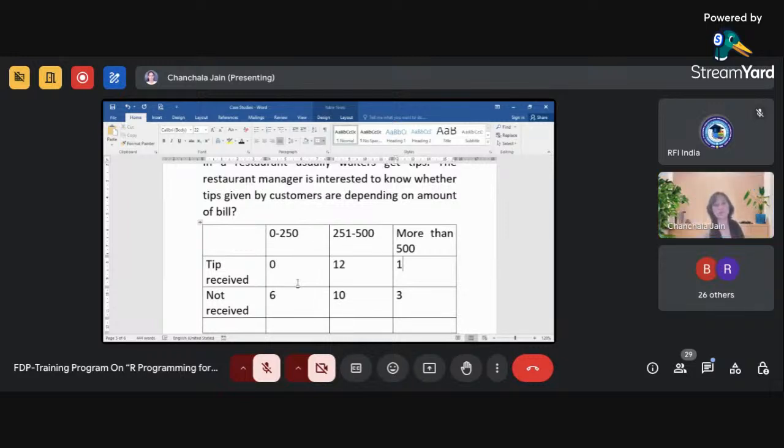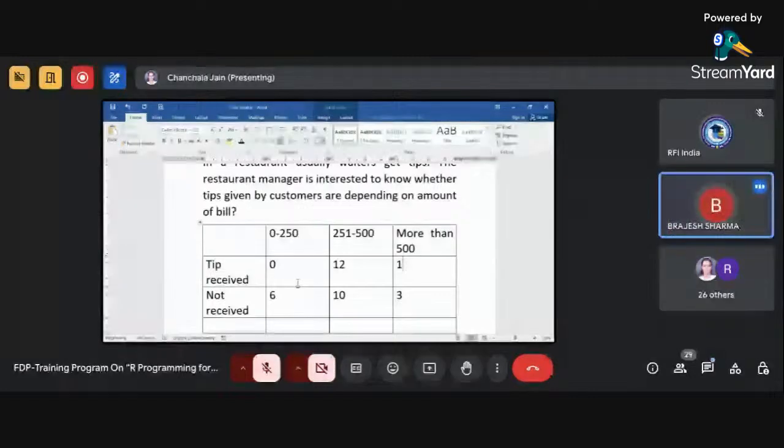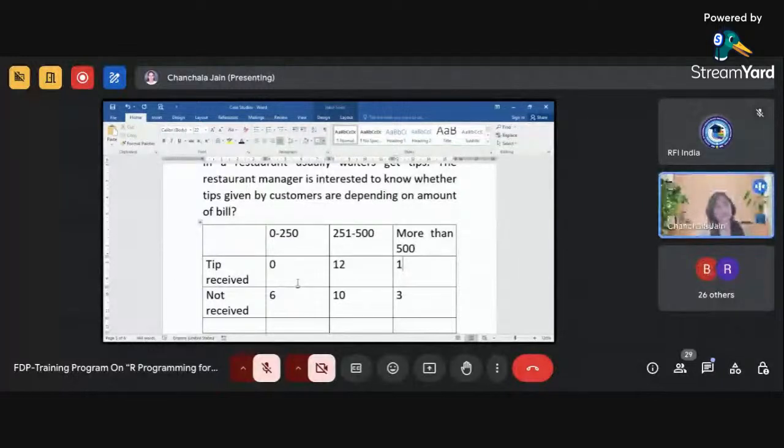Ma'am, I have some doubt: whether if the two variables are associated, we will take them into regression, since we are getting a strong association? Listen, I said in chi-square we are dealing with categorical variables. If I am counting, these are the frequencies. So no way will you go for the regression.